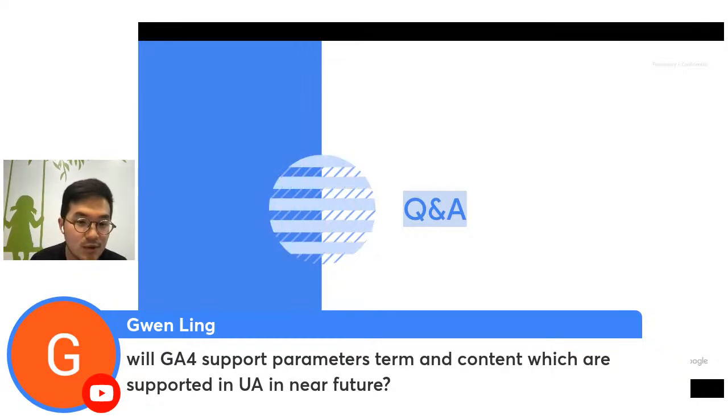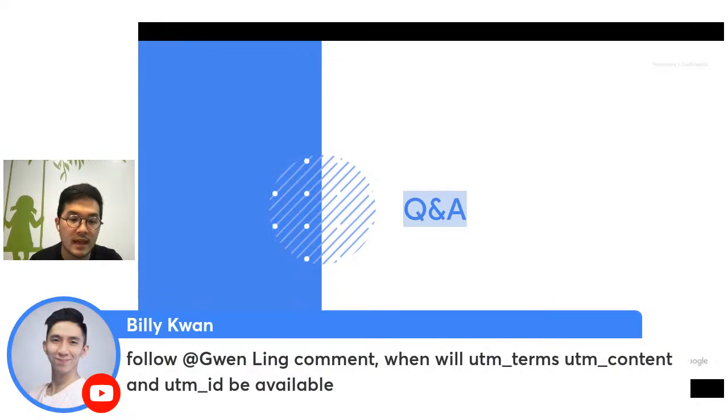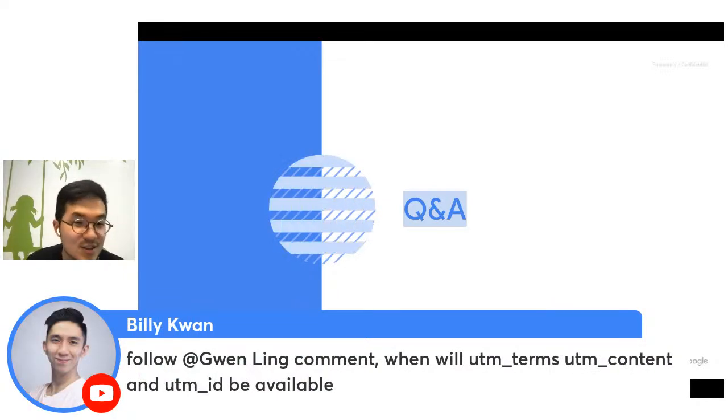Gwen, the question is, will GA4 support parameter terms and content, which are supported in UA, in the near future? Parameter terms and content, so it is the UA UTM parameter.